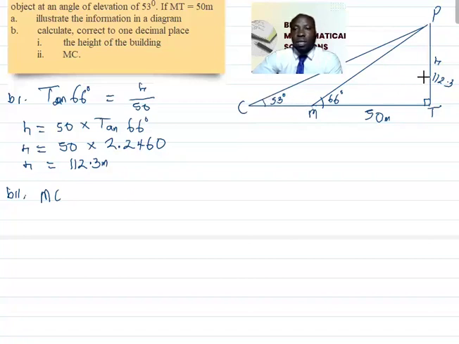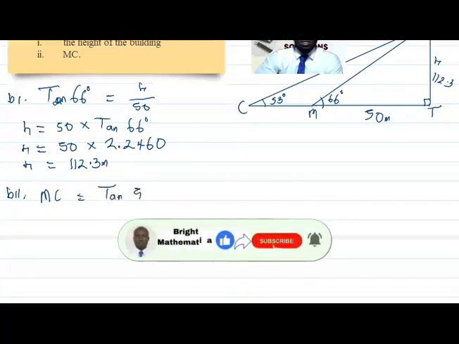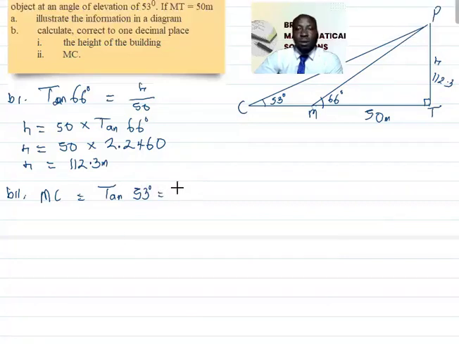It is the one that is facing, so we can still use tan to solve this, and that will give us tan 53 degrees equals, our opposite is now 112.3 all over, now the adjacent here is MC plus 50.